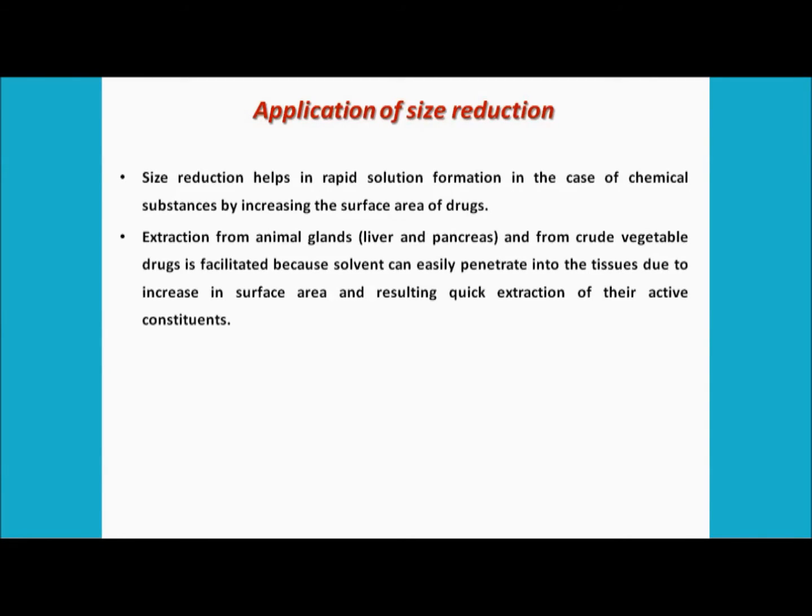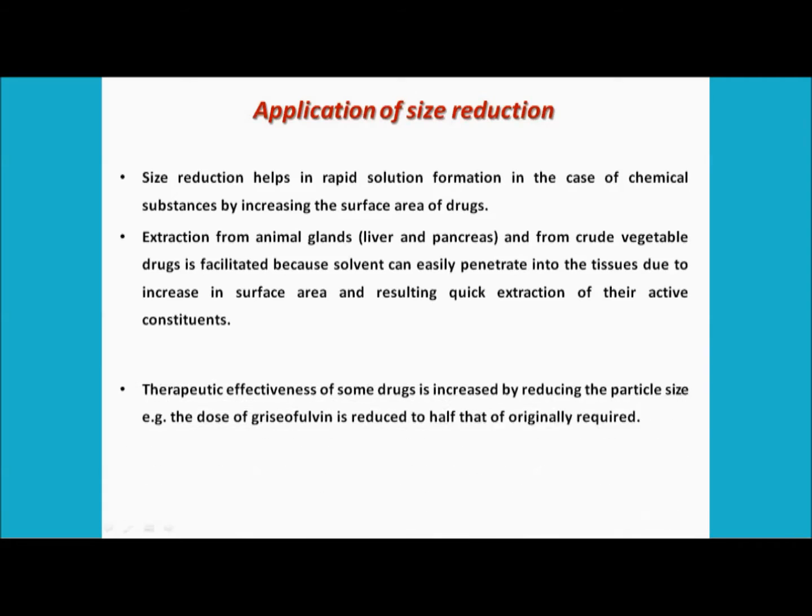If we decrease the size of the gland, or the crude vegetable, then the solvent can easily penetrate into the powdered form of the gland or the powdered form of the vegetable drug, and thus it fastens the process of extraction.